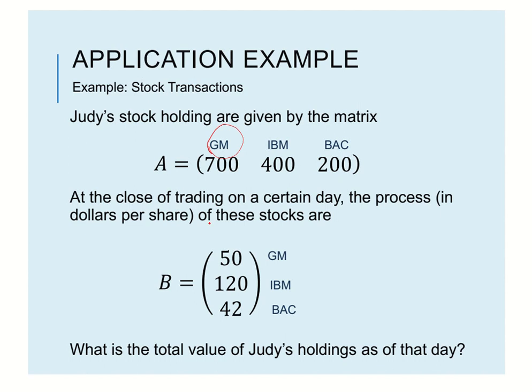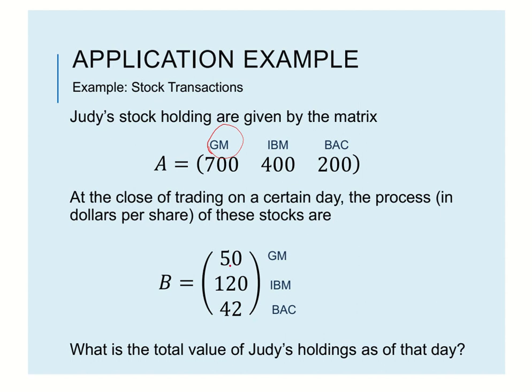Now at the close of trading on a certain day, the prices of these stocks are given. The matrix B shows the price per share. The 50 is for GM, 120 is for IBM, and 42 is for BSC.